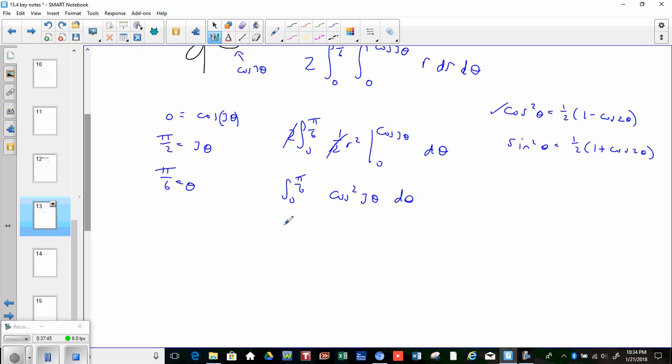So now I'm going to rewrite this as the integral from 0 to pi 6 of, using this reduction formula, 1/2 of 1 minus cosine of twice my angle. My angle is right now 3 theta, so it's going to become 6 theta d theta.